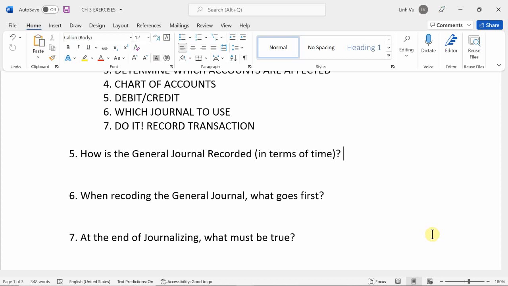Debits and credits, but in this case, in terms of time, how do debits and credits affect time? Like, when do I record it? As soon as you make a transaction.